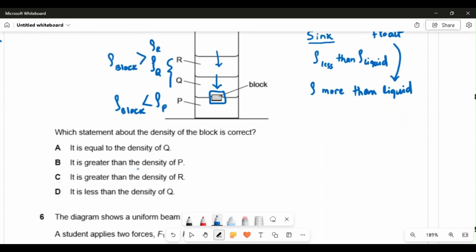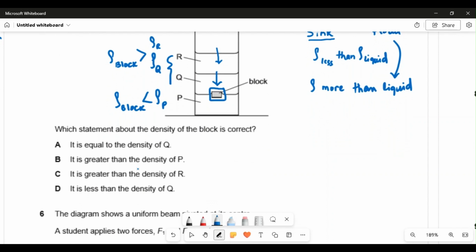Now, which statement about the density of the block is correct? According to the notes we wrote, the density of the block is equal to the density of liquid Q. No, we said that the block is denser than Q, so it is false.